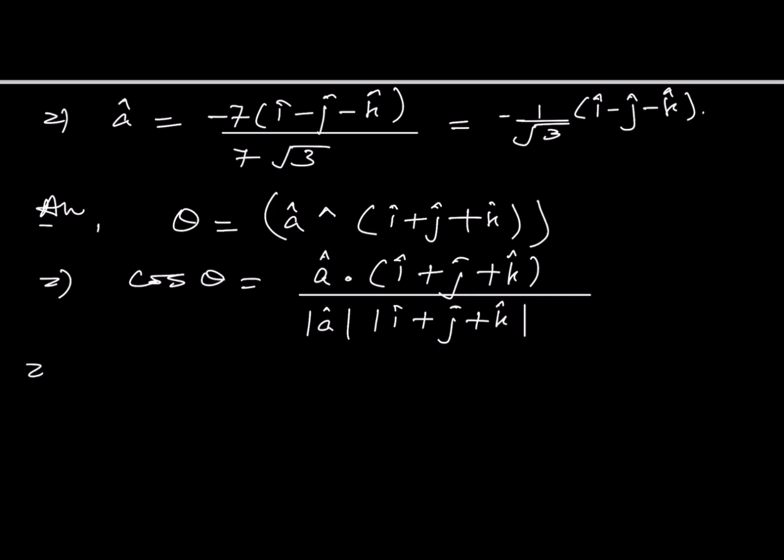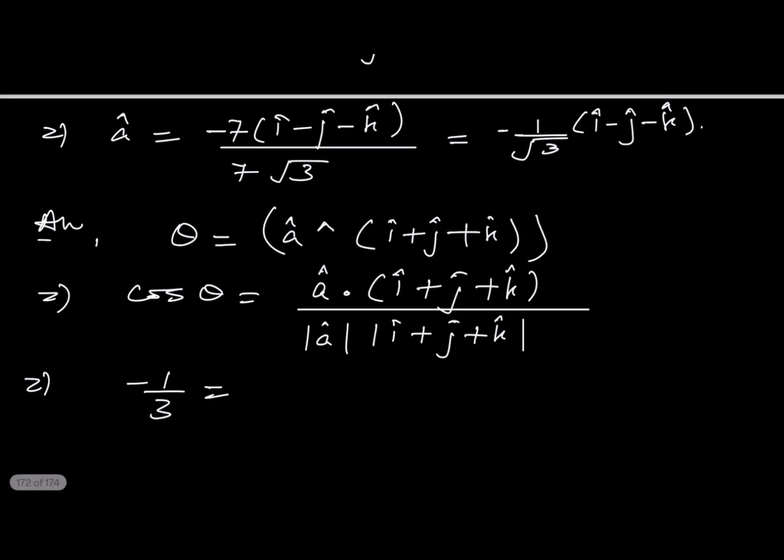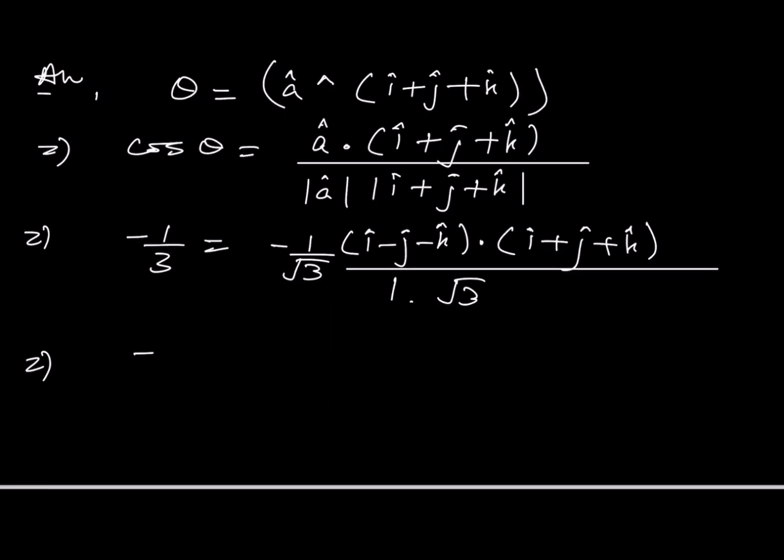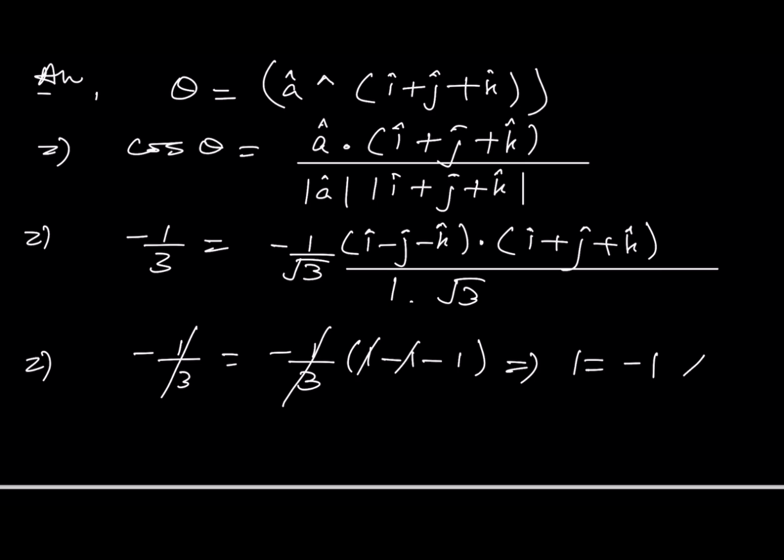So this is minus 1 by 3. This is minus 1 by root 3 times i minus j minus k dot i plus j plus k, by root 1 that is 1, into root 3. So minus 1 by 3 is equal to minus 1 by 3 times 1 minus 1 minus 1. So this is minus 1 by 3. So from this we are getting 1 is equal to minus 1, which is not true.